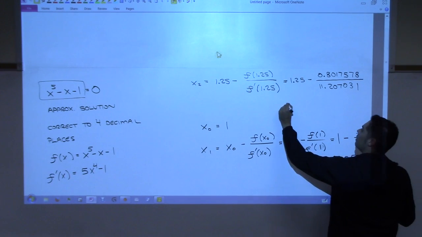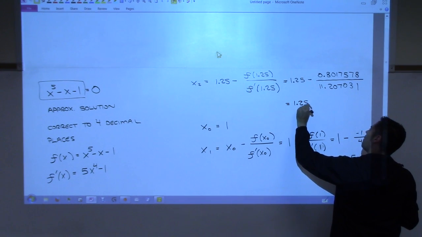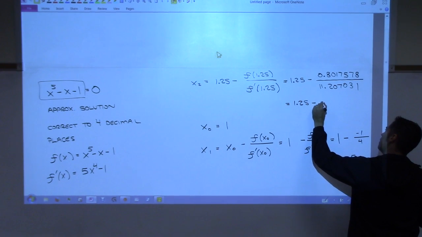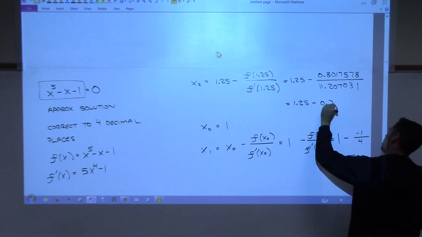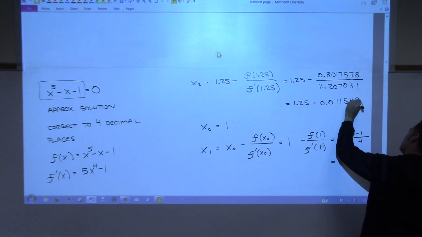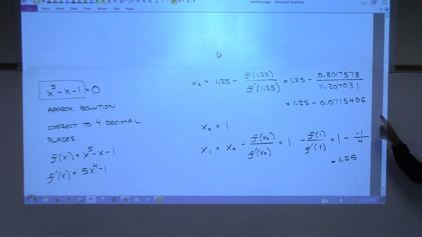So I have 1.25 minus, I'm getting 0.0715406, something like that. Anyone else?